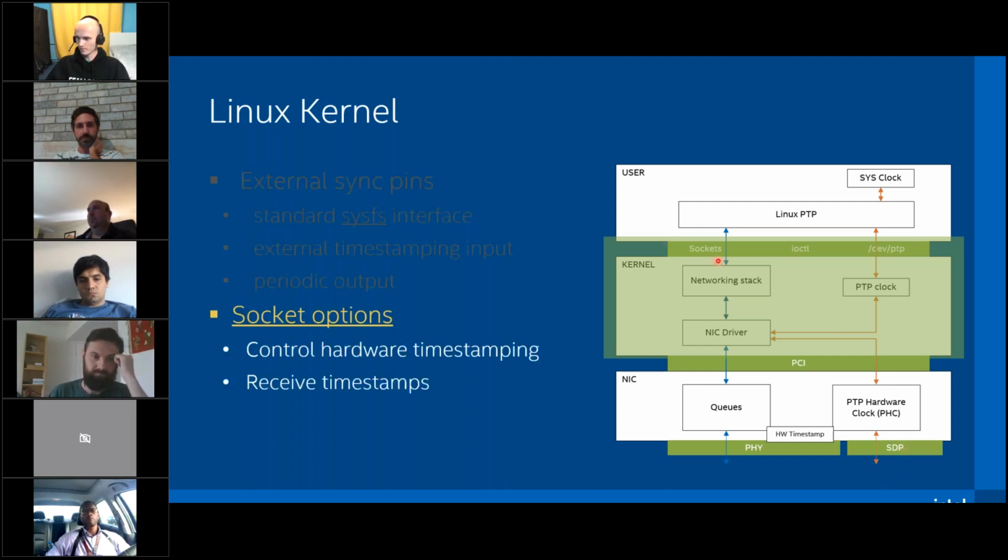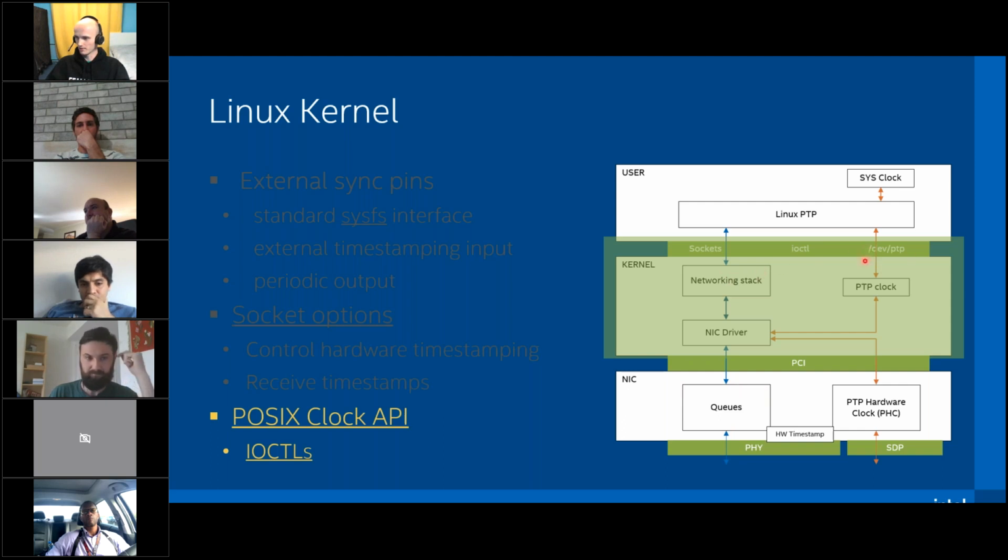We have the socket options that control hardware timestamping and are the way we receive the timestamps that were generated by the hardware. And we have the POSIX clock that exposes the POSIX clock APIs and the IO calls to it.